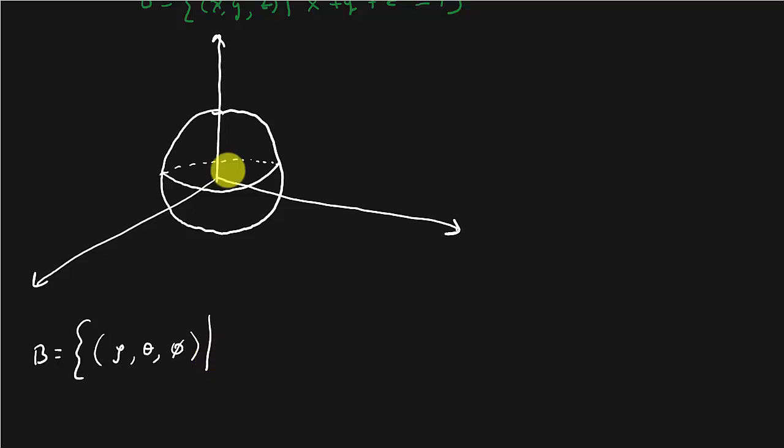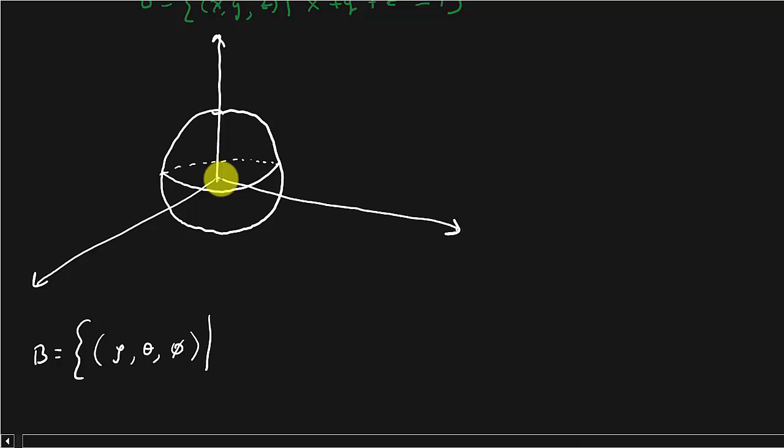I know the distance from here out to wherever on the sphere is going to be from 0 to 1, so that's 0 less than or equal to rho less than or equal to 1. Now let's talk about phi. Let's extend this down.